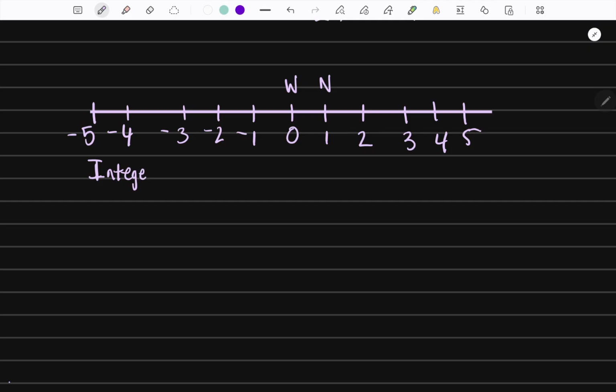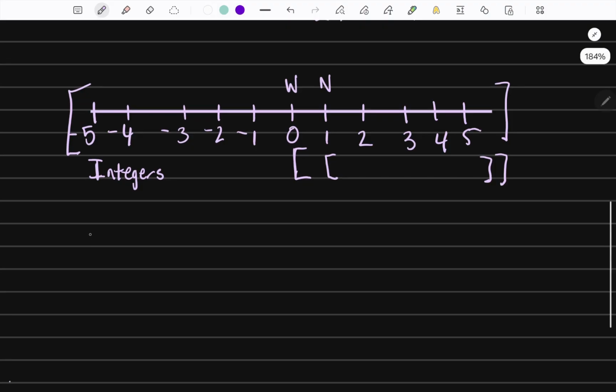Actually, so integers is this whole number line, whole numbers start from this set on. Natural numbers is a subset of that. And then we have rational numbers, which is typically anything on the number line. And then we have irrational numbers, which is like repeatable decimals.